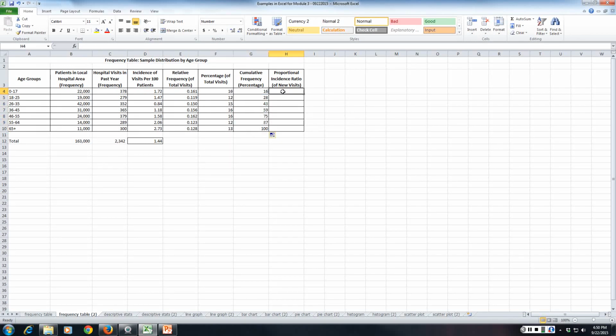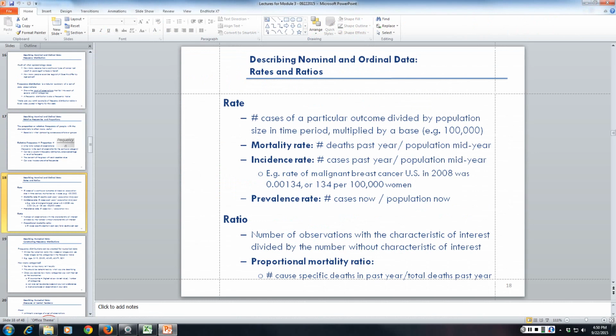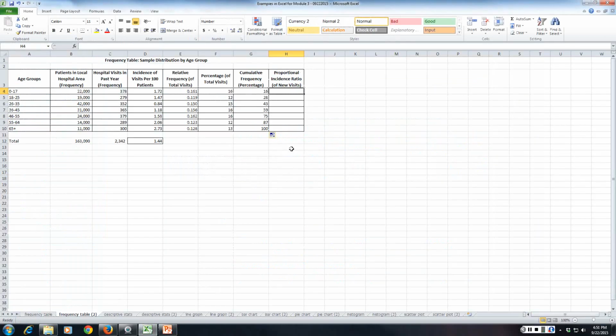The last thing I want to show you how to calculate here is the proportional incidence ratio. If you remember, the proportional incidence ratio is the number of observations with the characteristic of interest divided by some other denominator. In this case, let's look at the proportional incidence ratio of new visits. So think about what would be informative.